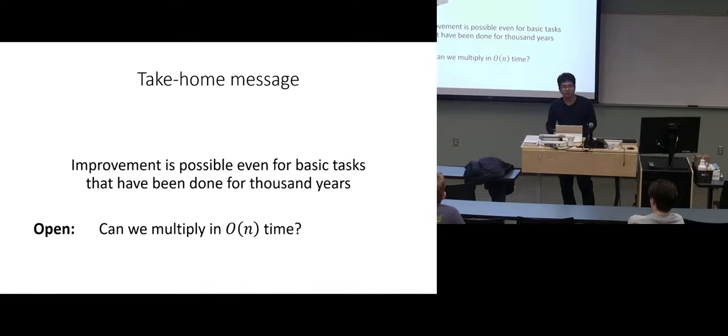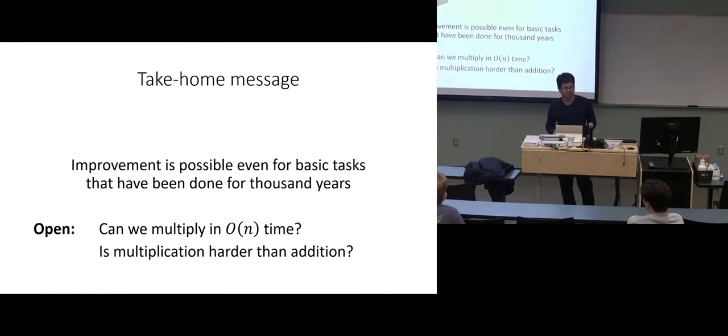Another way to put this question is, is multiplication harder than addition? Because if you have two numbers with n digits, just the basic algorithm you learned in grade school, you can add two numbers in O of n time. But can you multiply two numbers in O of n time? We don't know. No one knows until now.